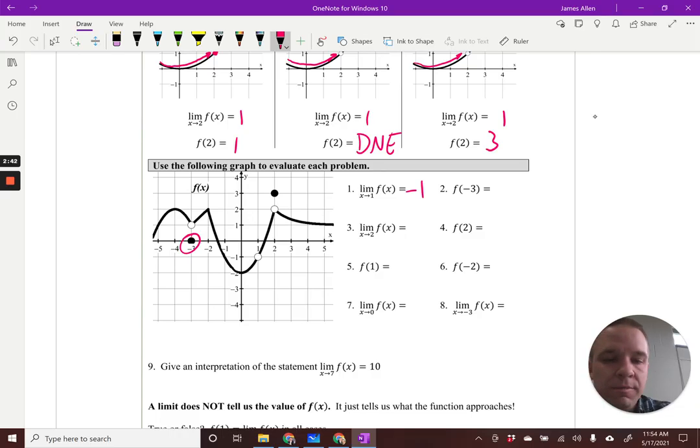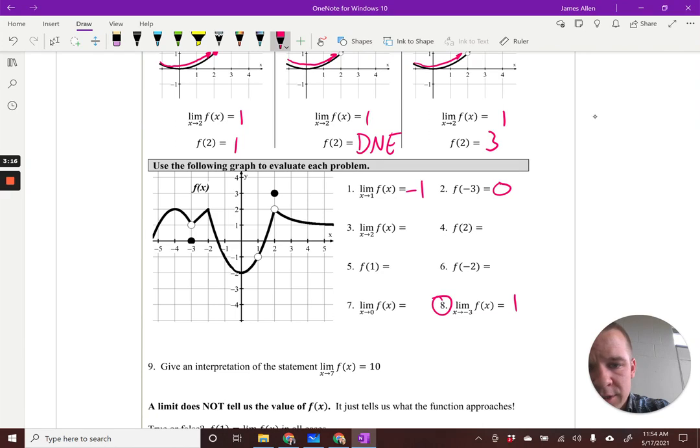When evaluated at negative 3, that would be our 0 right there. That's what that solid dot is. I'm going to jump down to number 8 real quick. The limit as x approaches negative 3 would be positive 1. So although f of negative 3 is 0, the limit as x approaches negative 3 is actually different. It's 1.